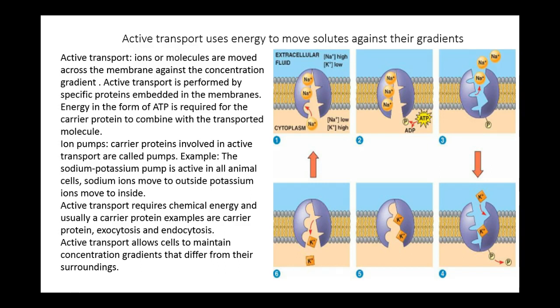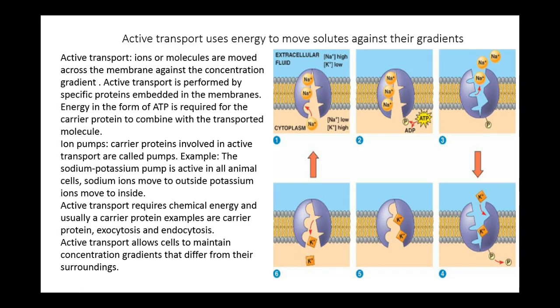What we're looking at here is what's considered an ion pump, because it actively pumps an ion against its concentration gradient. If you start with 1 in the image, upper left-hand side, you have your extracellular fluid.